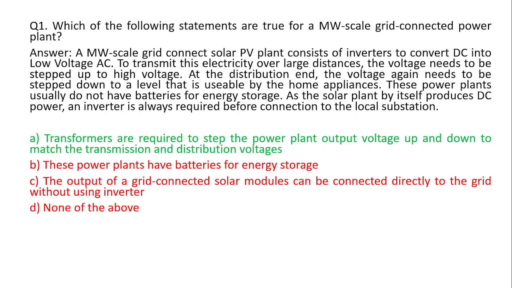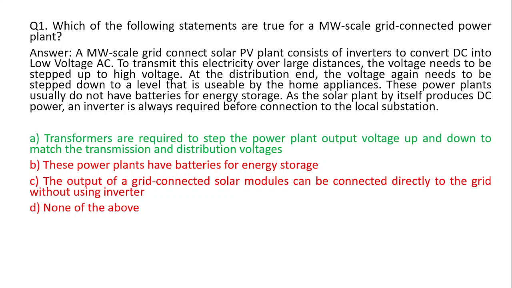So the right answer here is that transformers are required to step the power plant voltage up and down to match the transmission and distribution voltages. They do not normally have batteries for energy storage. If you want battery banks for megawatt scale power plants, it will probably take up even more land than the power plant itself.